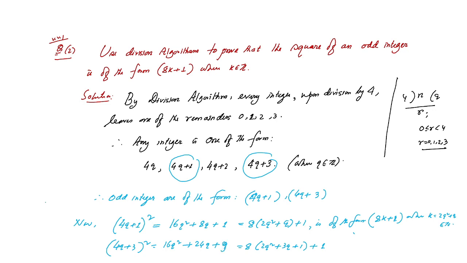This is 9. So again it is of the form 8k plus 1, where k equals 2q square plus 3q plus 1, which also belongs to the integers. So that means what we have proved is that the square of an odd integer is of the form 8k plus 1.